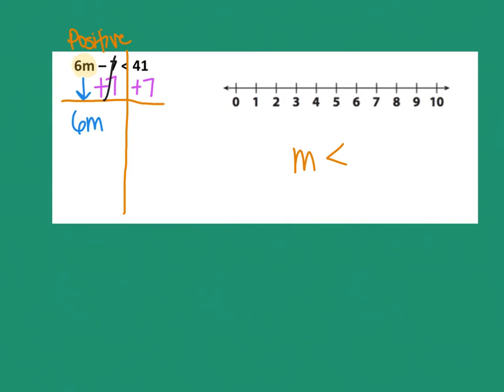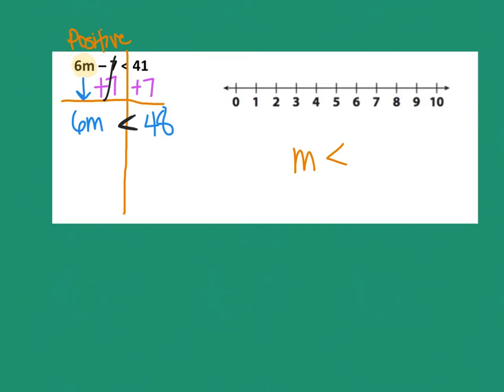My sign, remember, is going to stay the same. And then I have 41 plus 7, that's going to be 48. Okay, last step, this is where I'm looking at 6m. Something times 6 is less than 48.